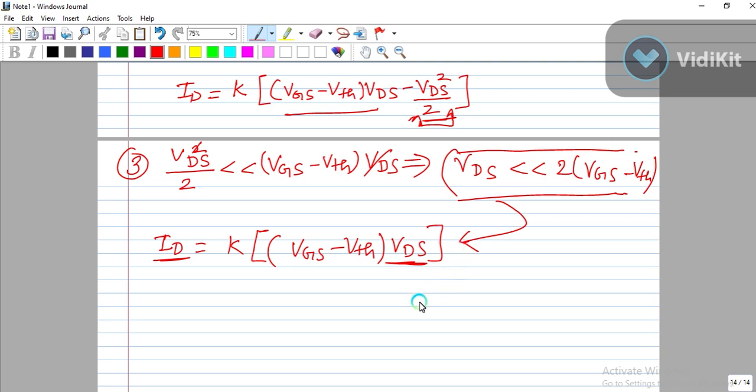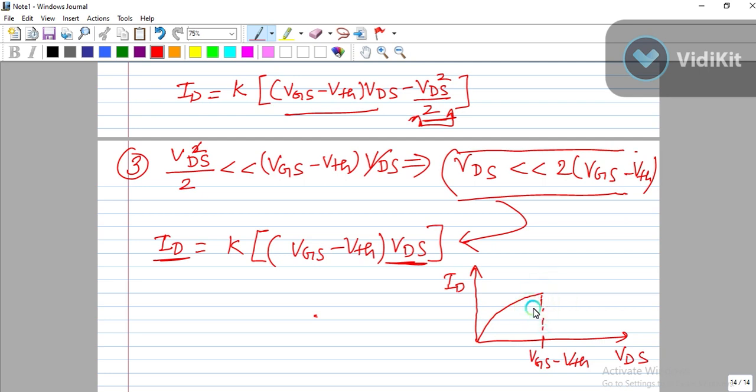What does it mean? Let's plot the graph. In the graph, this is VDS, this is ID, and somewhere there is VGS minus VTH at which we are getting the maximum value of ID.